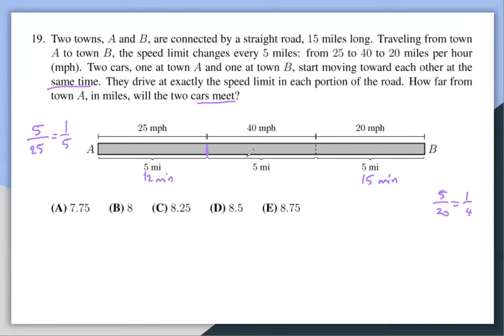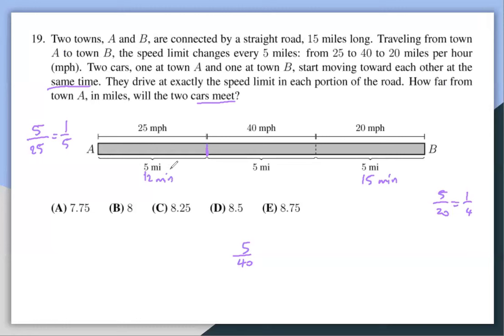After this is at B, they're going to have the same speed, so no big deal. But this guy will have 3 more minutes. The speed right here is 5 over 40, this is the time, this is the distance, this is the speed. But let's not worry about this yet.